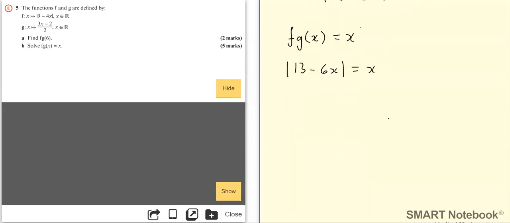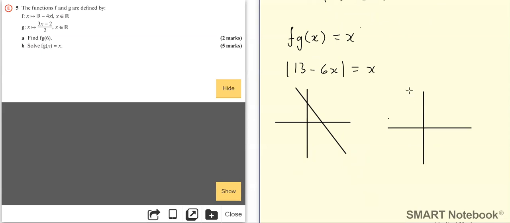So we are going to sketch this graph. Well, 13 minus 6x, you could go step by step. 13 minus 6x plus 13 looks like that. But we said anything negative, we are going to reflect. So this now, this is still 13, this is 13 over 6. We think about y equals x on this graph.